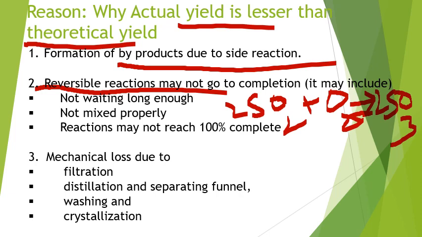So when a reversible reaction occurs, it means the reaction is not going to complete. How long can we wait for this? The reaction will not end, so we will get a lesser quantity of the product. Maybe the substances are not properly mixed, so the reaction is not complete.